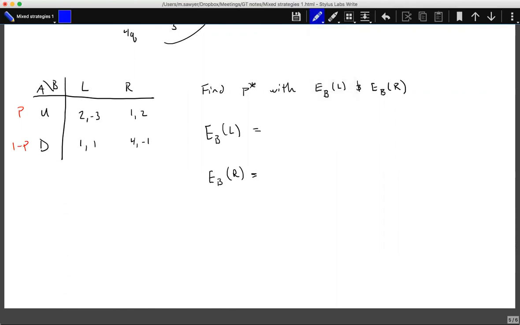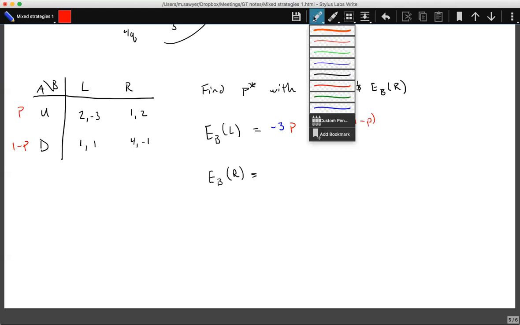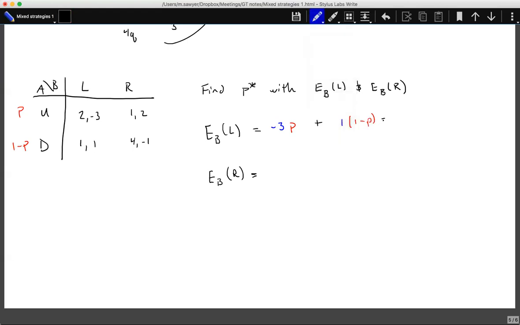My expected payoff for player B, if B plays left, either they get -3 or 1, and it's a matter of which one. They get -3 with probability P and 1 point with probability 1 minus P. Solving this, we get -3P plus 1 minus P, so I get 1 minus 4P.